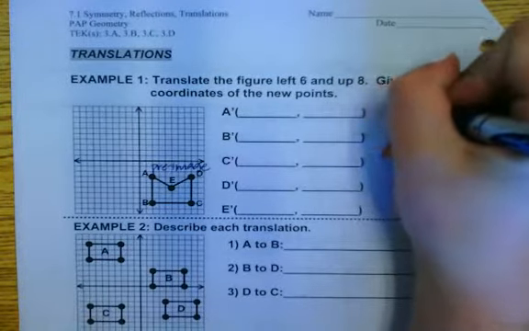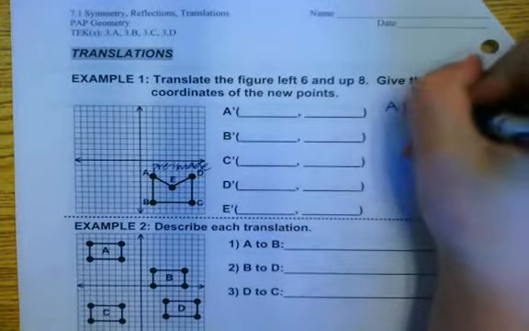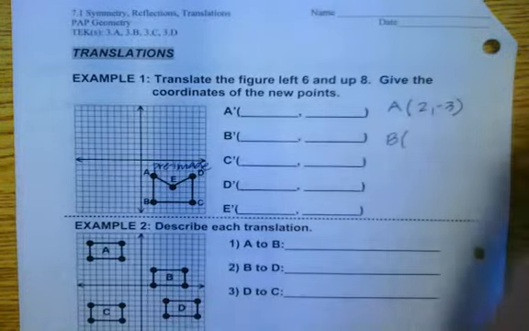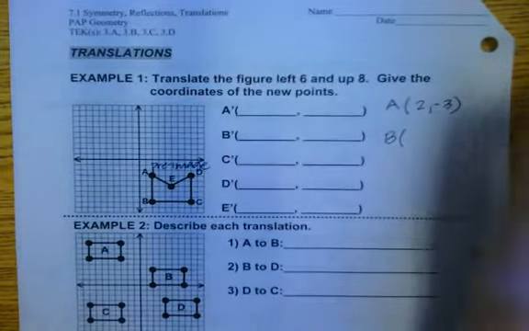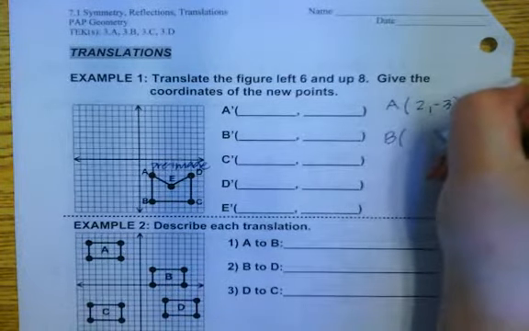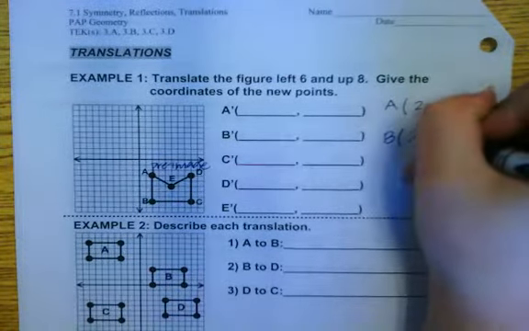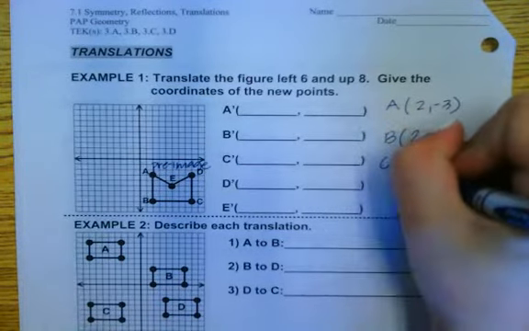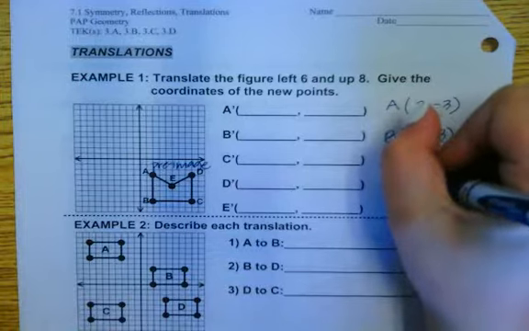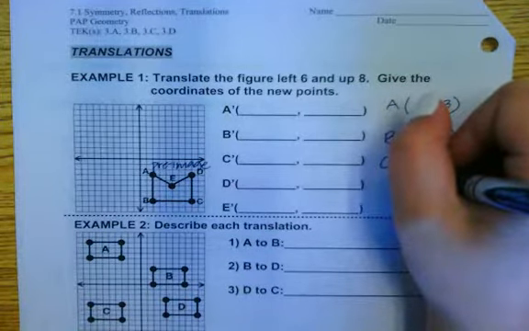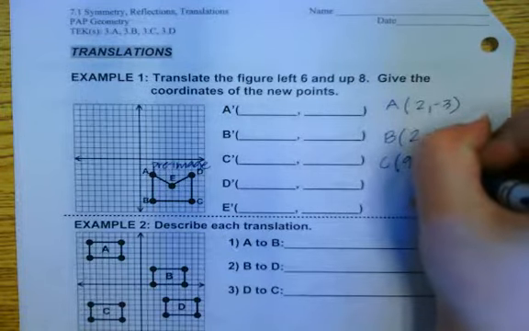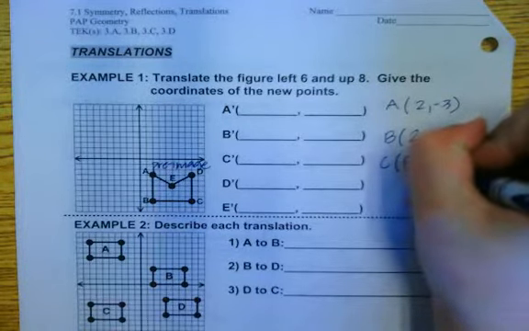Where is A? 2, -3. Where is B? 2, -8. C? 9, oh, not 9. 8, -8.